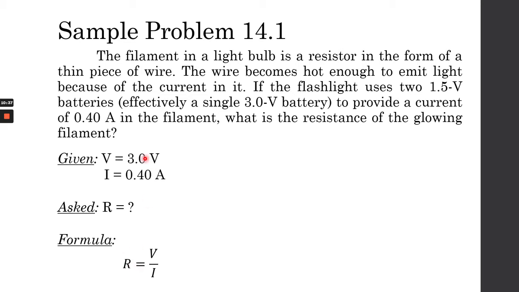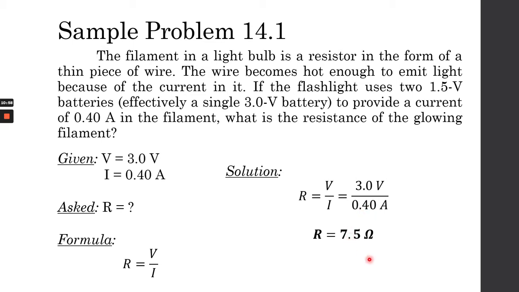So the voltage is equal to I multiplied by R. Rearranging it, we get that the resistance is basically the voltage divided by I. And we can just plug in the numbers and solve for the resistance. So voltage of 3.0 volts divided by 0.40 ampere is equal to 7.5 ohms. So that's how easy to use this equation. It's a very easy relationship, and this is what we call the Ohm's law.